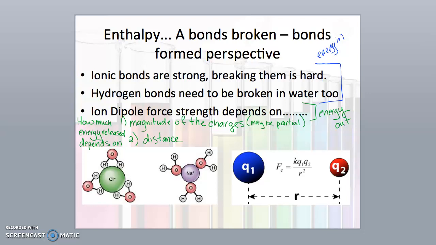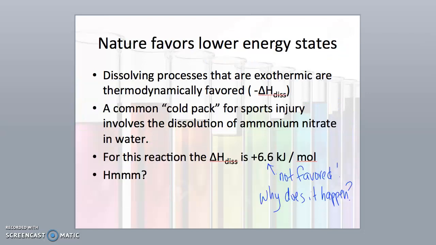But it gets complicated because remember Coulomb's law, these forces are dependent on charge and distance. So there's a charge and size component as well. So we can't just say with certainty that dissolving a salt is always exothermic or always endothermic.